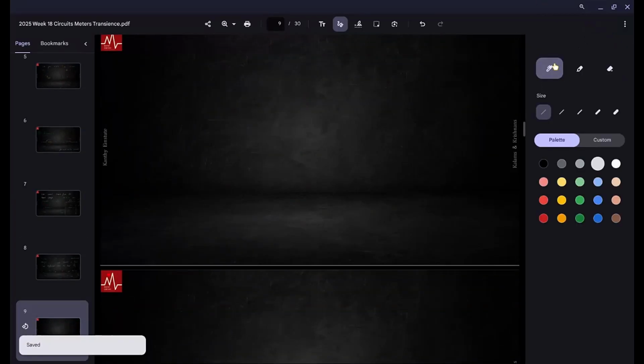Let me give you something that is realistic. Meter example.